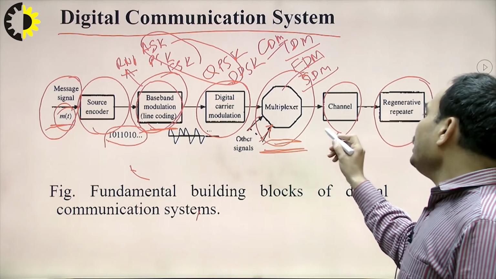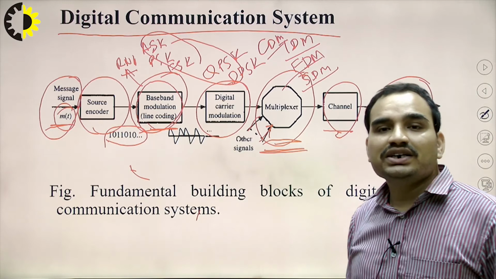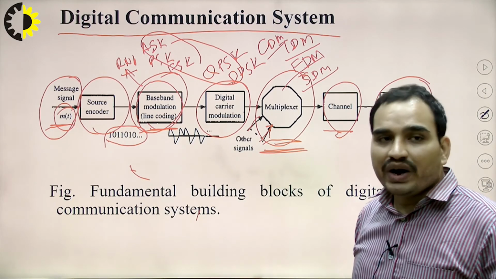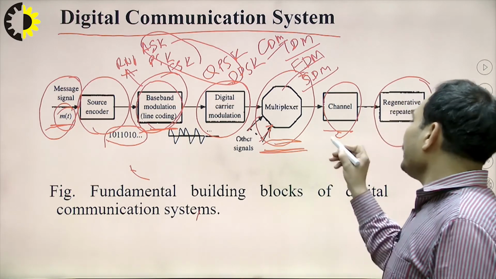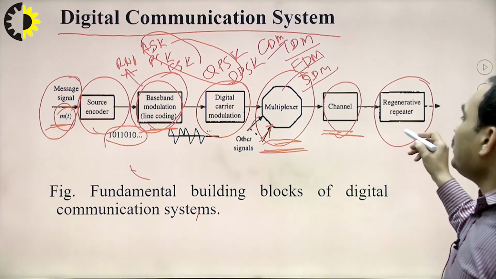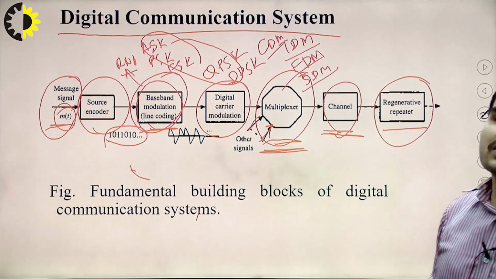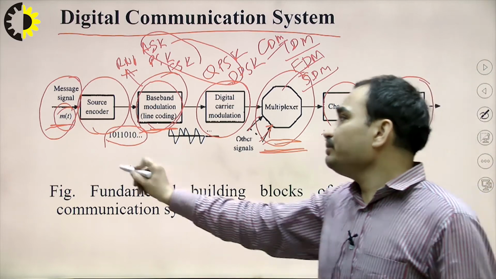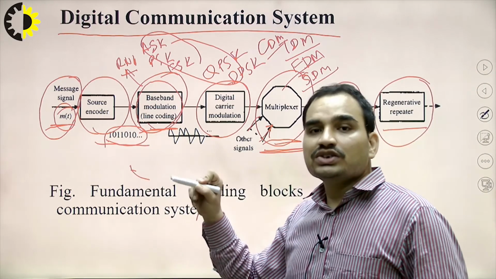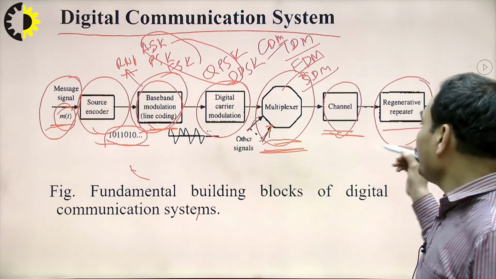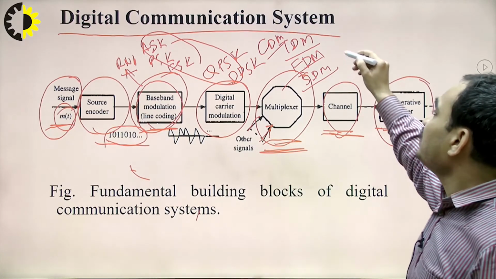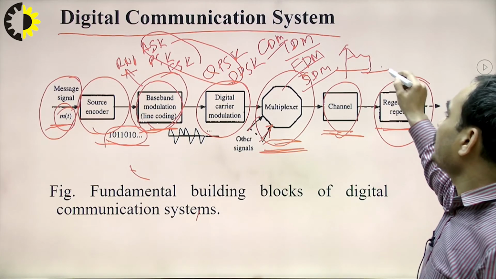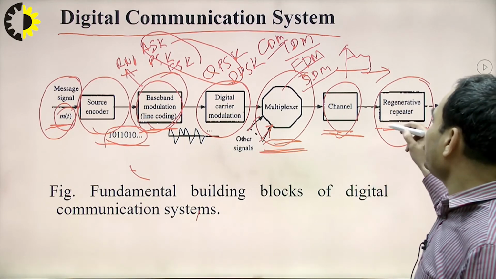Then we have the channel, which may be a coaxial cable, optical fiber, or a wireless channel. The channel can be of any form. Then the regenerative repeaters are used to regenerate the bits which have been transmitted from the source encoder, so that the noise introduced in the bits is omitted simply by using the regenerative repeater.